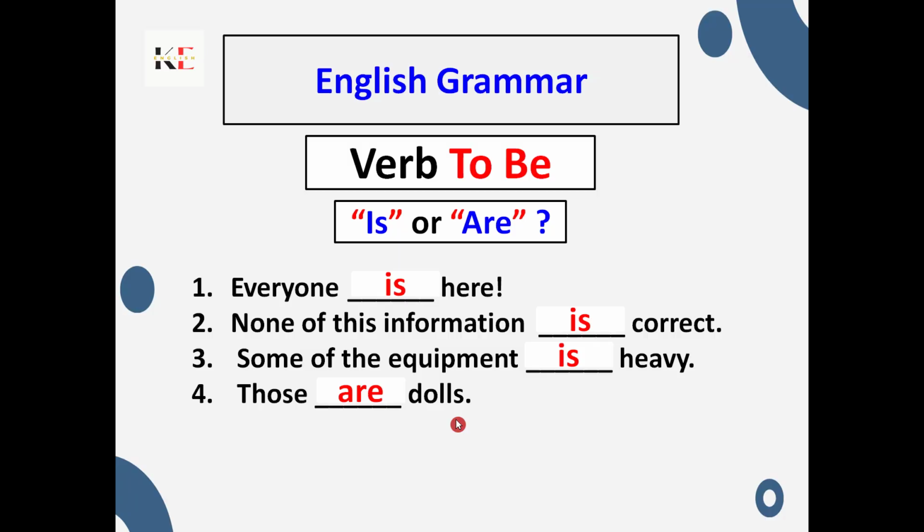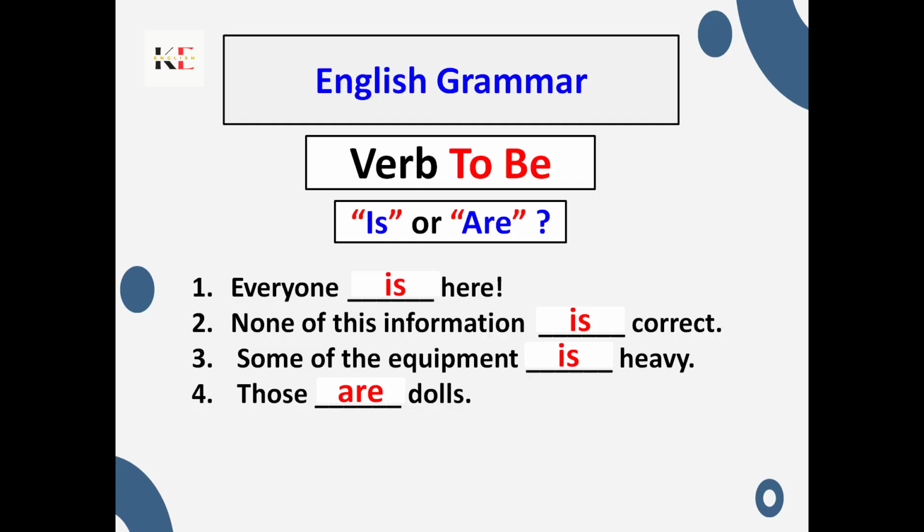Today we are going to learn together, inshallah, about the verb to be, is and are. Basic to advanced learners get confused in the selection of is and are, and we will learn correctly when we use is and when we use are. After this lesson you will, inshallah, have a good command of it.